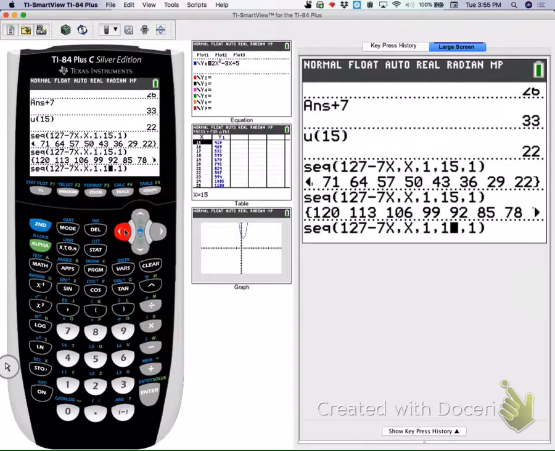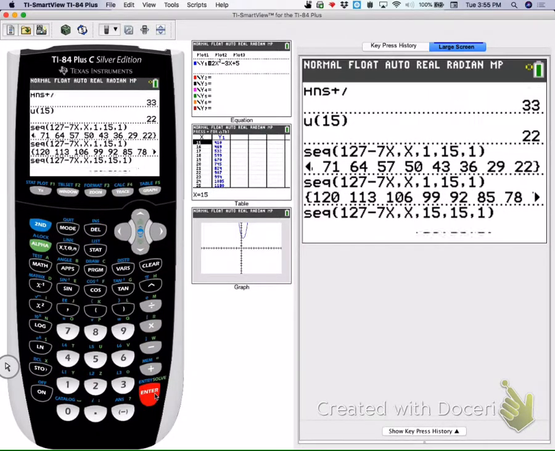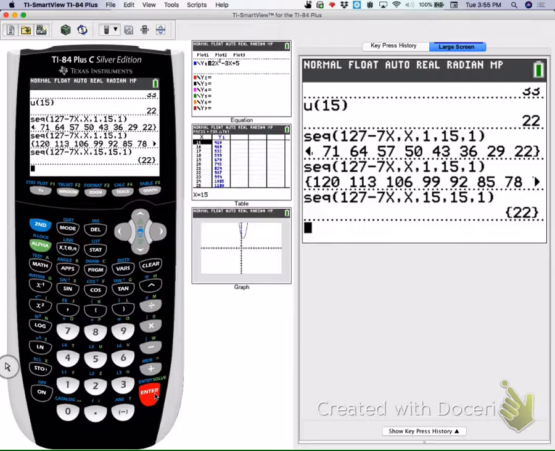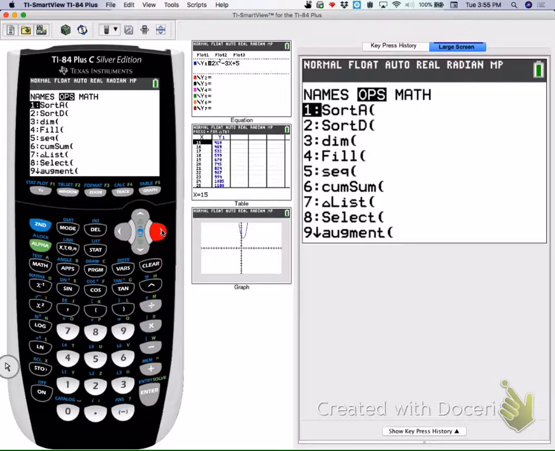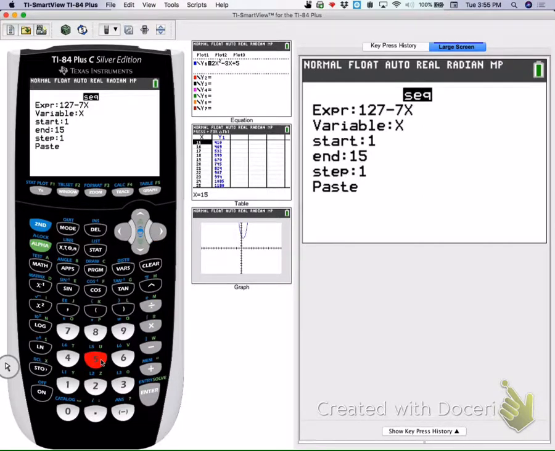Then I can go here and change this to a 15. Actually, I have to insert a 15. And there's my 22. You could also get that if you don't remember how to do the sequence there. If you go back here again, just put a start at 15 and end at 15, and it will let you do that.